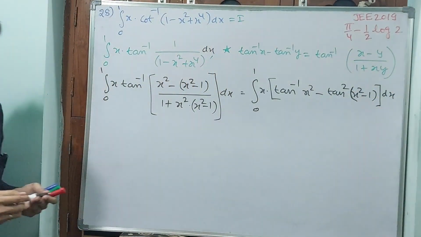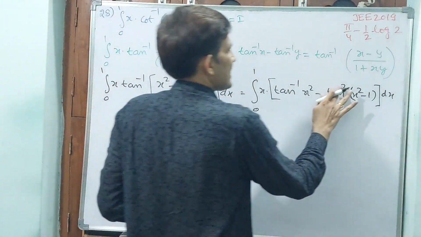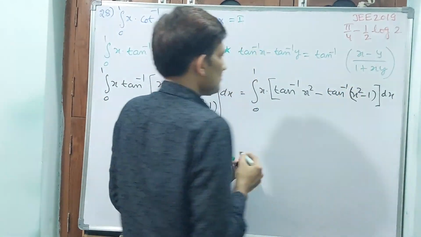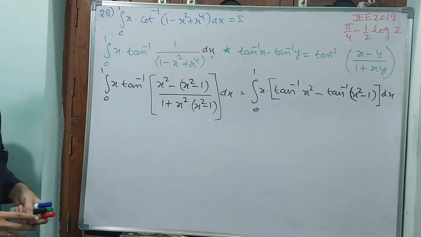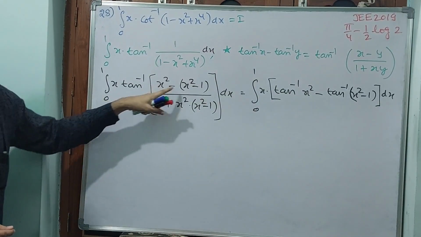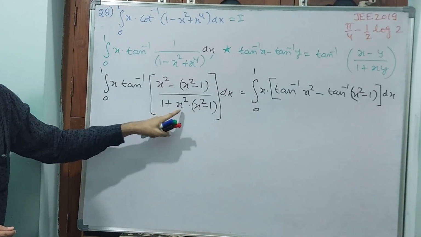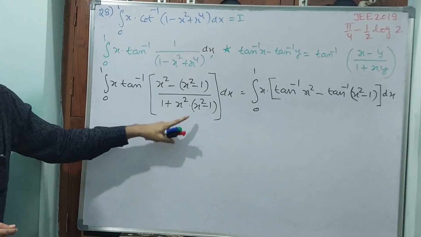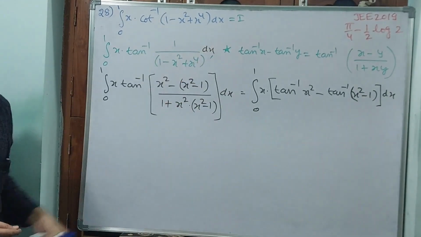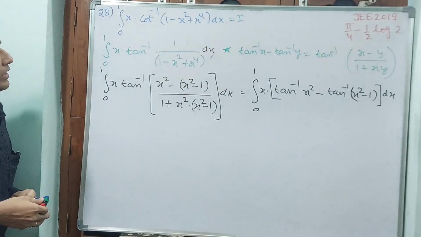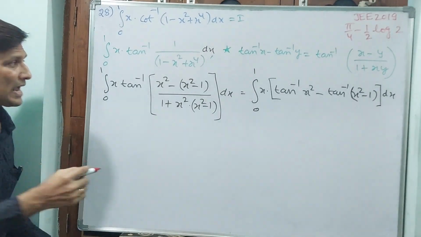Now you understand that? It is not square, it is tan inverse of x square minus 1. Using the formula tan inverse x minus tan inverse y equals tan inverse of (x minus y) by (1 plus xy). Now proceed, I want to split this.